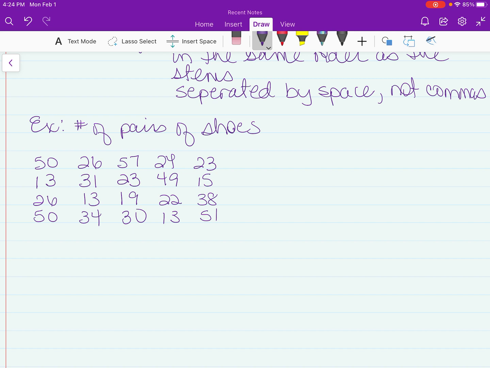Since these are all 2-digit numbers, I'm going to let my stem be my tens digit and my leaves be my ones digits. So I'm going to go into my calculator and put this data in just like I did before. I'm going to do second plus 4 to clear the list.